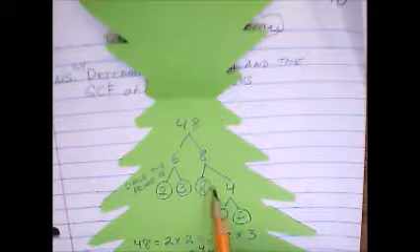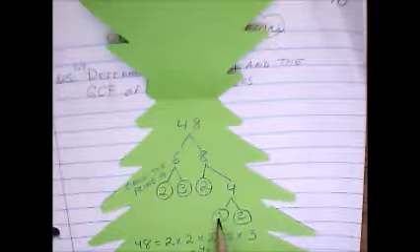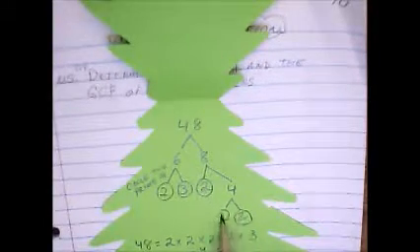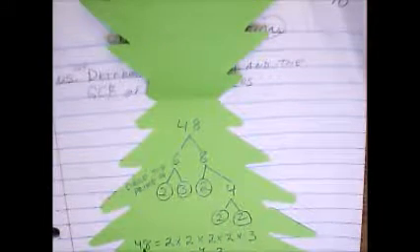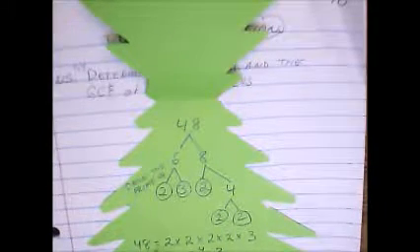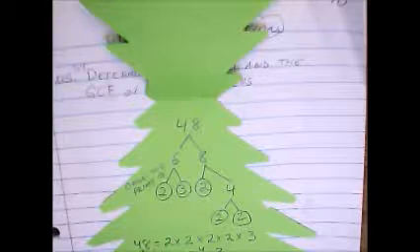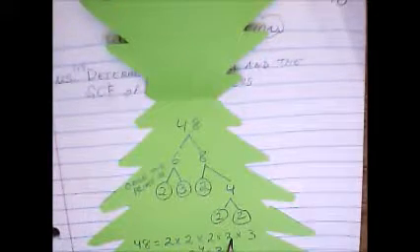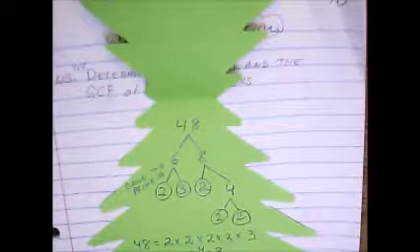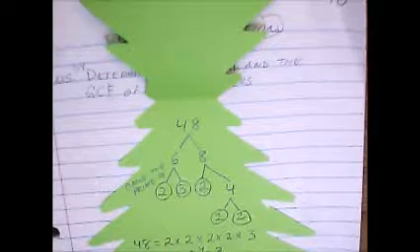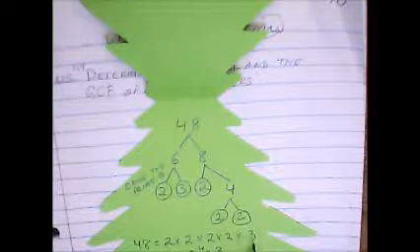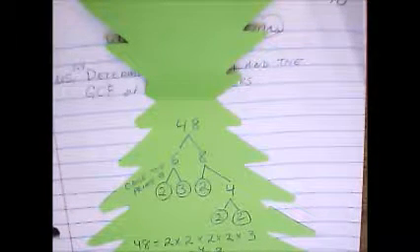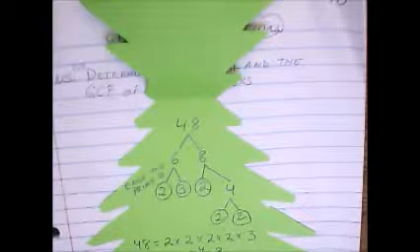Circled the 2 because it's prime, and factored 4 further as 2 times 2, and circled those because those were now prime. So 48 in its prime factored form was 2 times 2 times 2 times 2 times 3. Because there were four 2's, that was 2 to the fourth power times 3. Remember how we did that yesterday?